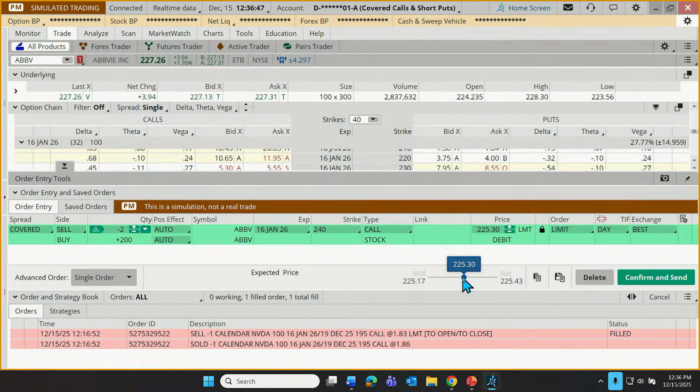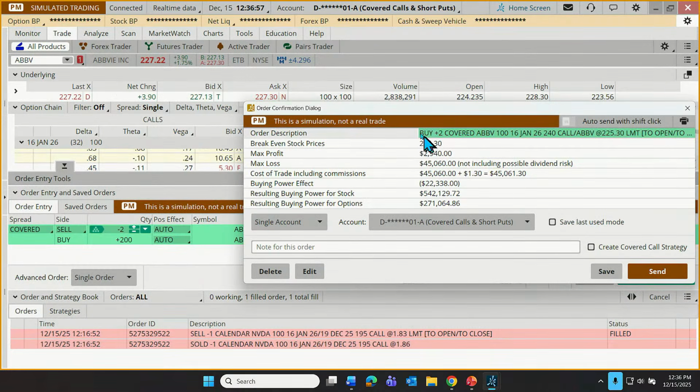Let's dial this up, say that we're willing to spend a little bit more than just the mid price to buy the shares and collect the premium. Let's click confirm and send. We're going to buy these 2 covered calls, 16th of January 240 calls at a maximum of 225.30. If we can't get it for 225.30 or less, this order just won't fill.